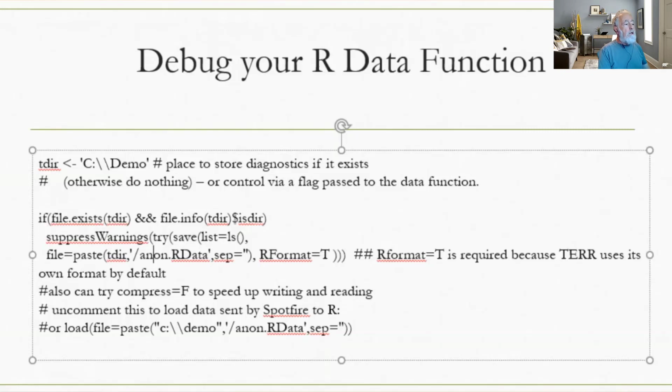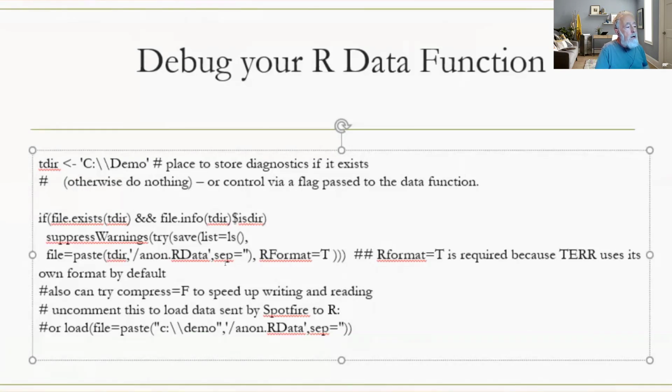I'm often debugging many different R functions at once, so each has its own name, so they don't interfere with each other. And this just saves it to disk. And so what this is, is an image of the R workspace that Spotfire creates for you, where the data is populated in R format in order to continue the rest of your processing in your data function.